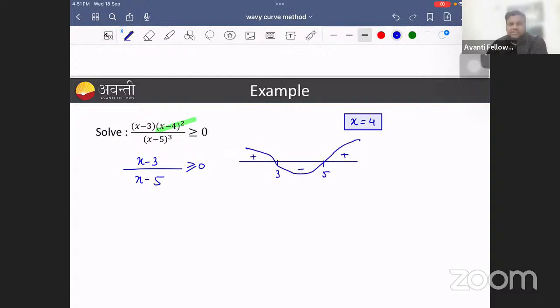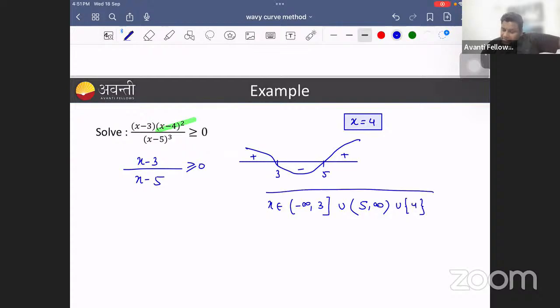Plus, minus, plus. Got it? So you are looking for positive. So minus infinity to 3 including, union 5 to infinity excluding 5. Now in this interval x equals 4 is not counted, so with the union, I will count x equals 4 separately. And this is your answer.